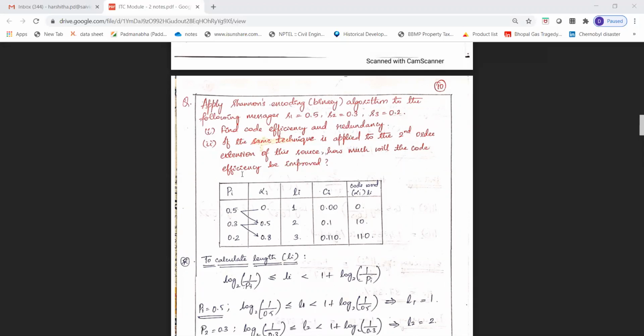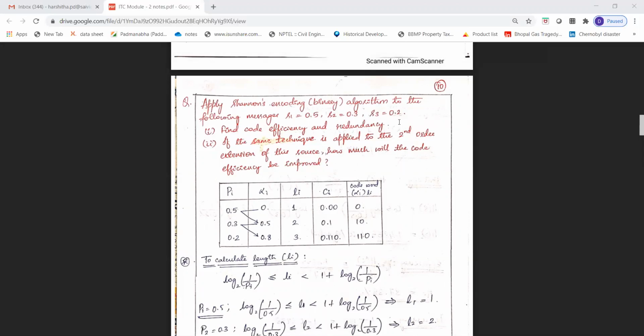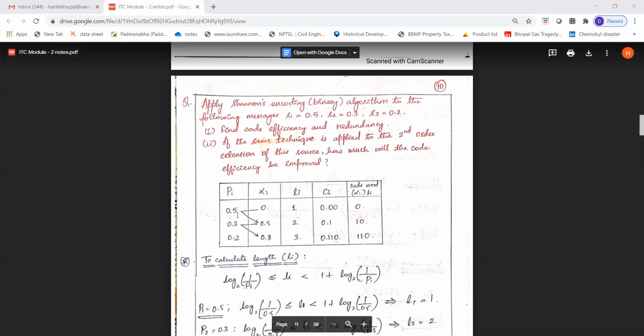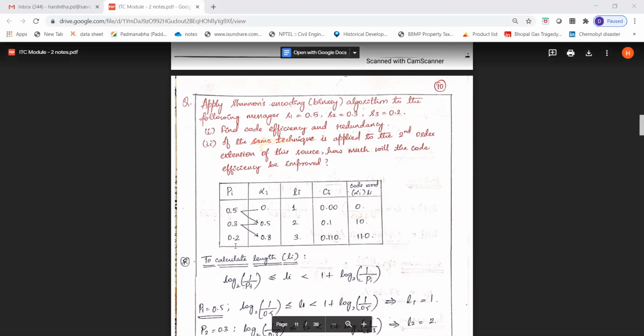So descending means from largest value to the least value. Amongst these three values, the highest value is 0.5, so I am writing that first, and next highest value is 0.3 and next is 0.2.